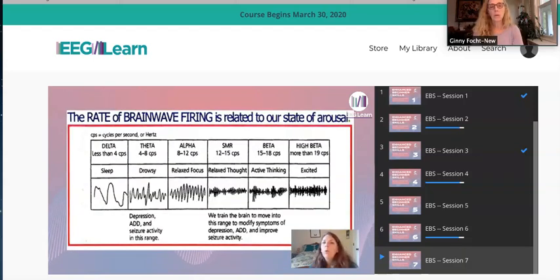Because here again, we'll be able to tell based on the average amplitudes of these different frequencies whether someone is spending way too much time on the high end of the arousal continuum or the low end. But with all the frequency ranges we've talked about so far, we're trying to get more activity in that middle presence range.